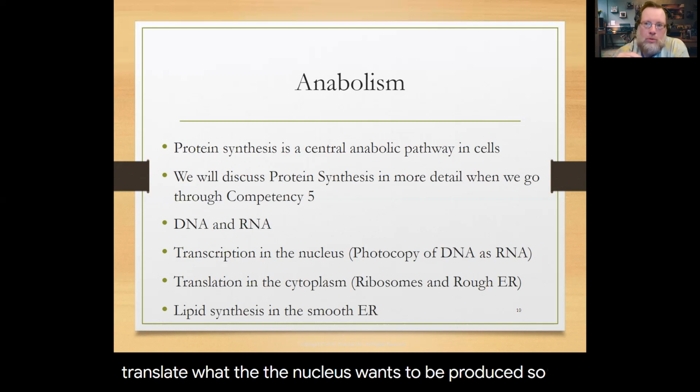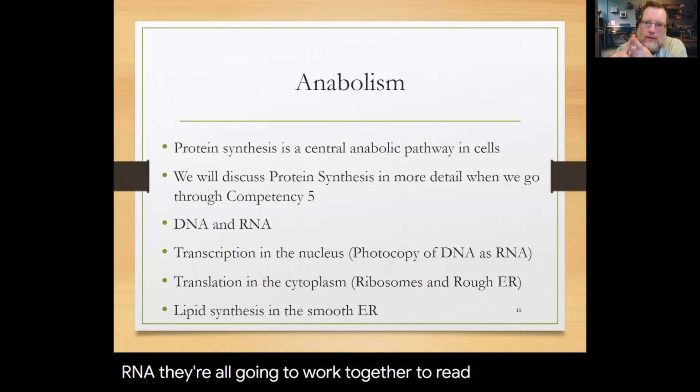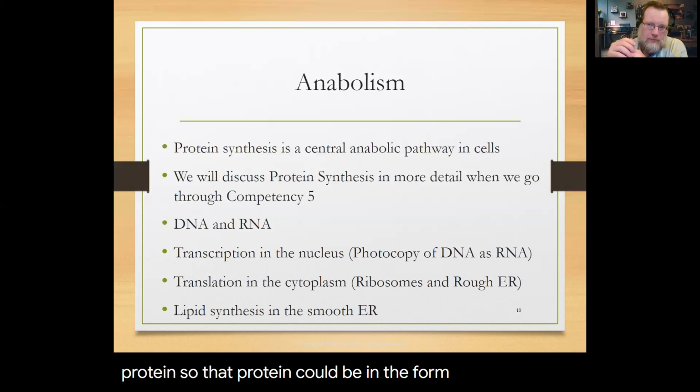Amino acids are going to line up, and the ribosomes, messenger RNA, transfer RNA, and the rough ER, all these R's, are going to work together to read the blueprint that came from the nucleus and produce some type of protein. That protein could be in the form of an enzyme, a hormone, or a structure.